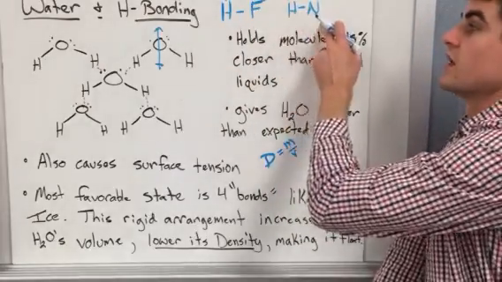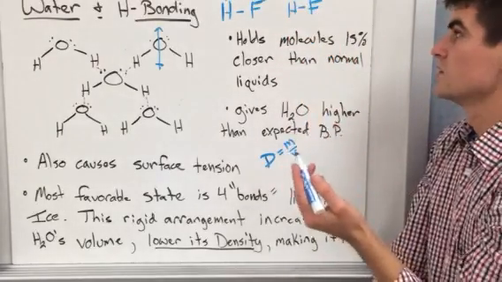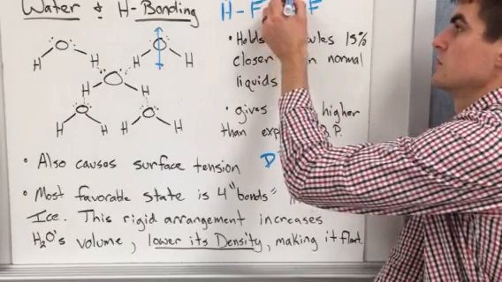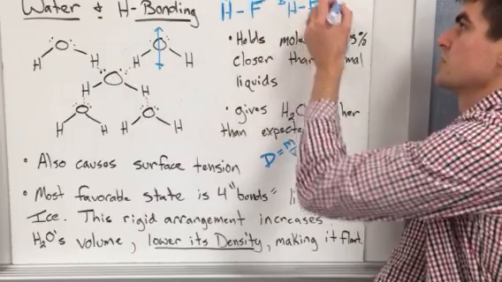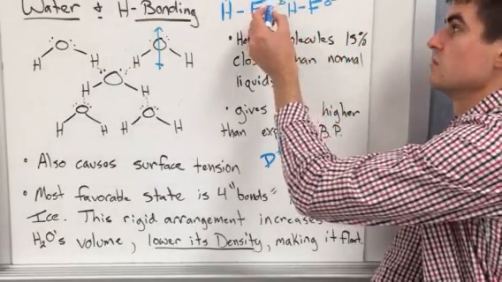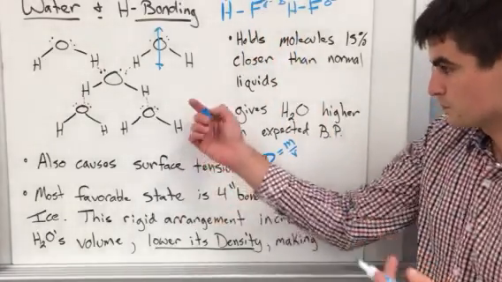And let's say I have another, and we'll call this a fluorine again. If this side was our partial positive and this side our partial negative, well, this positive is going to be attracted to this partial negative, and so on, and that's what happens.